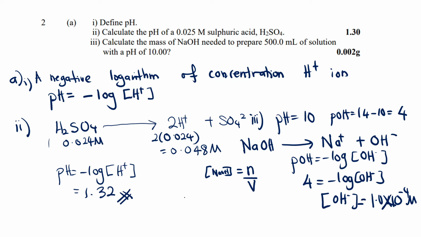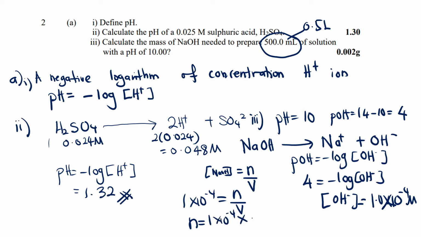So 1 exponent negative 4 is equal to number of mole over volume. The volume given is 500 ml, which is equal to 0.5 liter. So we can calculate the number of moles as 1 exponent negative 4 times 0.5 liter, which gives 5 exponent negative 5.